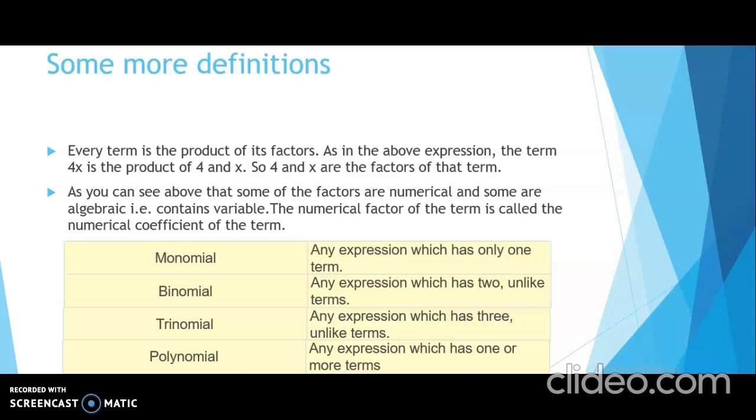So now, there are types of expressions. I mean like monomial, binomial, trinomial, polynomial. I hope you know, and if you don't know, this may be new to you. Let me tell you what these are in simple basic words. Monomial, yes, not mononomial, monomial, yes.